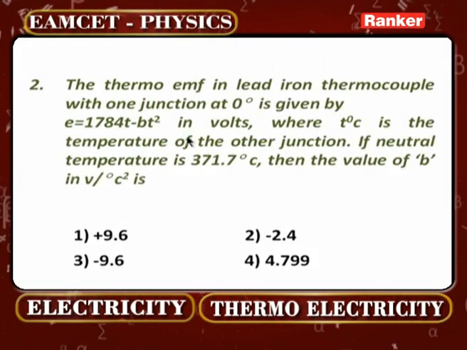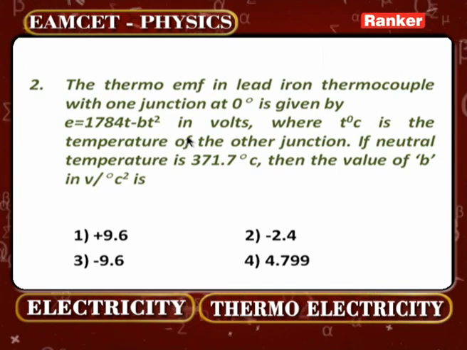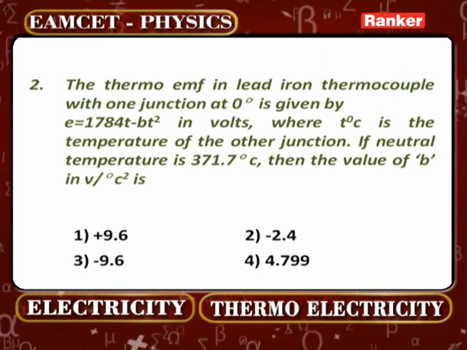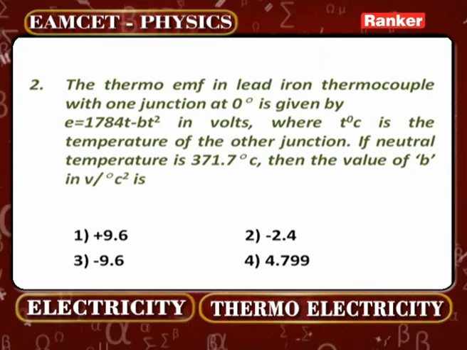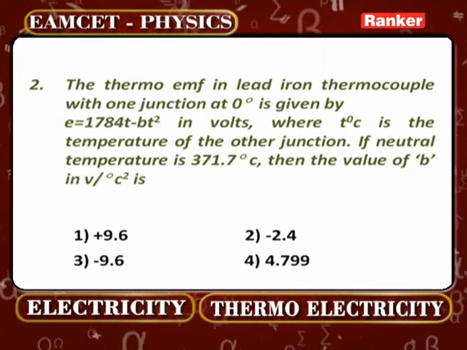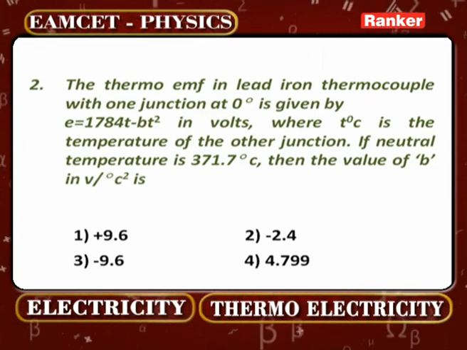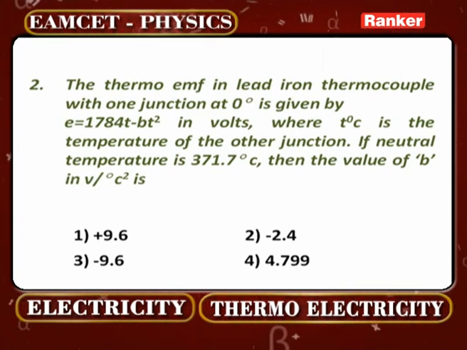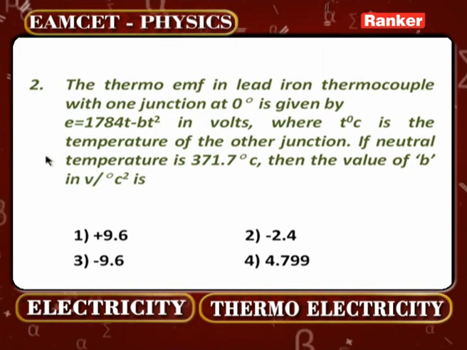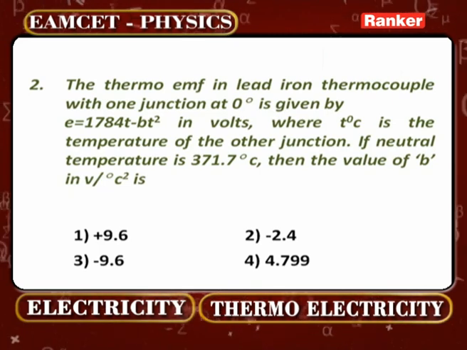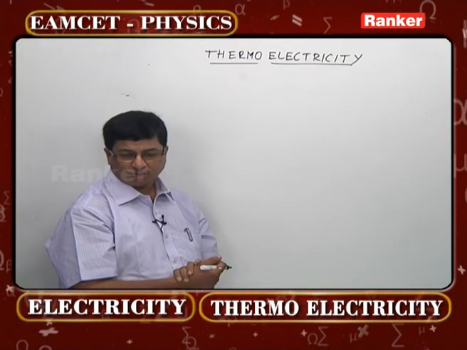What is it you are getting? The thermo EMF in a lead iron thermocouple with one junction at 0 degree centigrade is given by E is equal to 1784 T minus BT square in volt, where T degree centigrade is the temperature of the other junction. If the neutral temperature is 371.7 degrees centigrade, then the value of B in volt per degree centigrade square is how much?